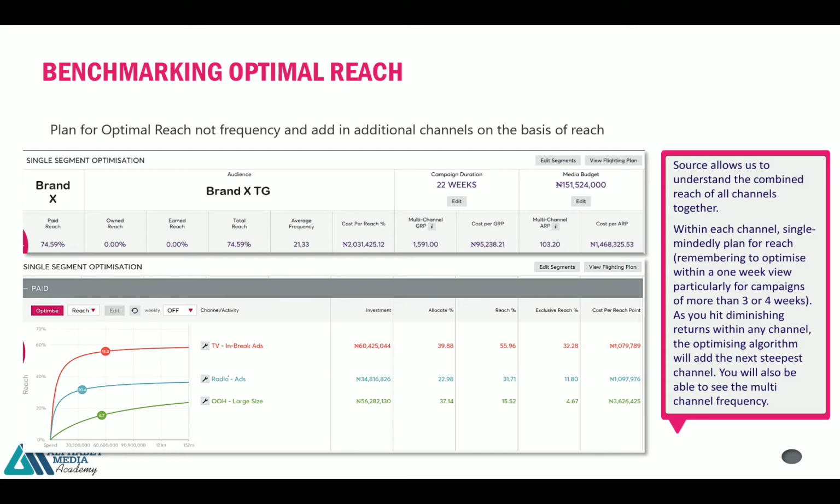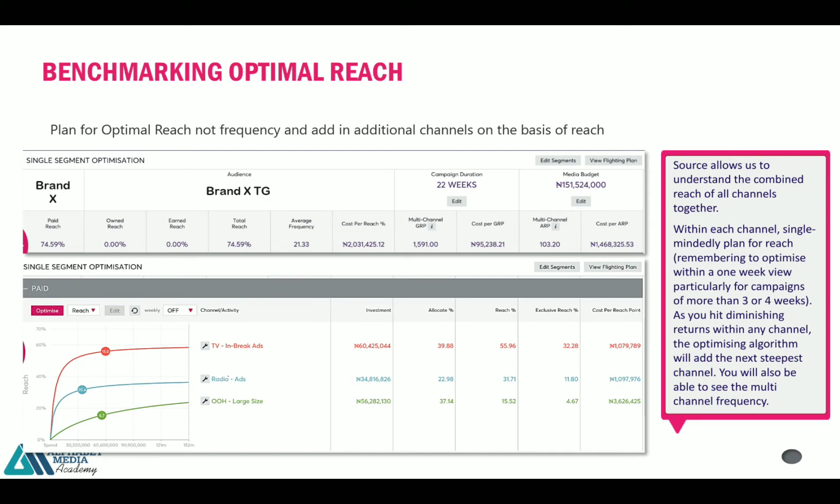In terms of benchmarking against optimal reach, I'm showing you from within a tool we have internally at PhD. A lot of agency networks have similar tools to drive reach benchmarking and optimize their campaigns. This, however, is from a PhD bespoke tool called Omni Studio, and that's what I've used to drive this example.